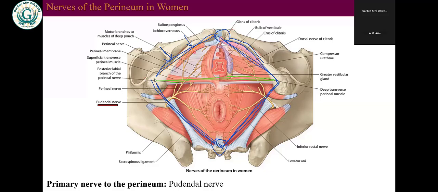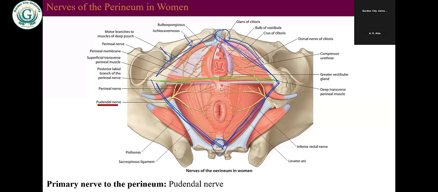This diamond-shaped area, as we mentioned with the pelvic inlet, its boundaries also form the so-called pelvic outlet. Now, there's another thing.